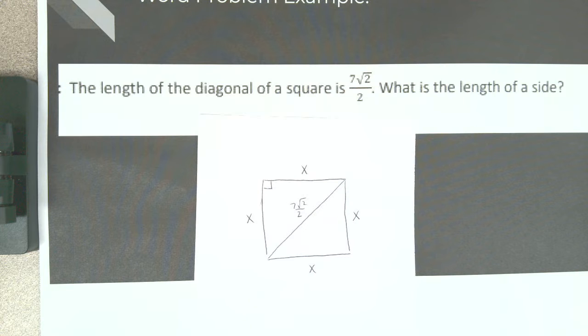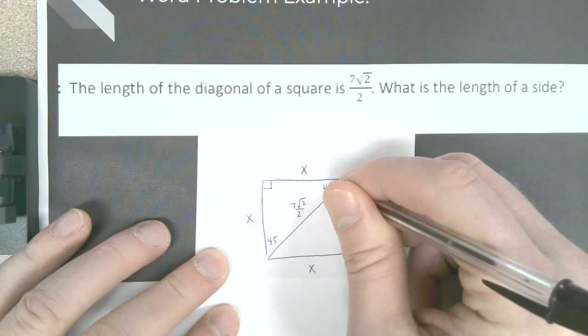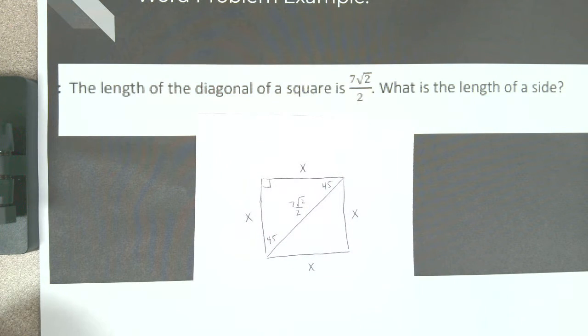Now, as we look at this picture, can somebody tell me what kind of triangles are formed in this picture? Aiden? 45, 45, 90. Yeah, these are 45, 45, 90 triangles because they're isosceles and because there's a right angle there. So what that tells us is we're going to utilize here our 45, 45, 90 rules.